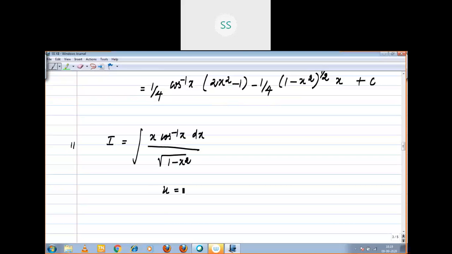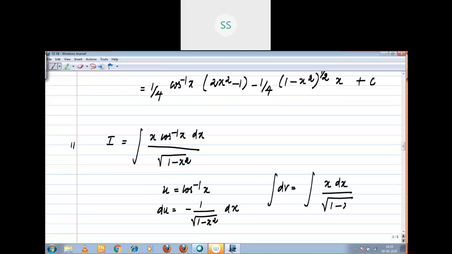U equal to cos inverse x, du equal to minus 1 by root of 1 minus x square into dx. The rest of the things come under integral dv, I told you, right? Integral dv equal to integral x dx divided by root of 1 minus x square.